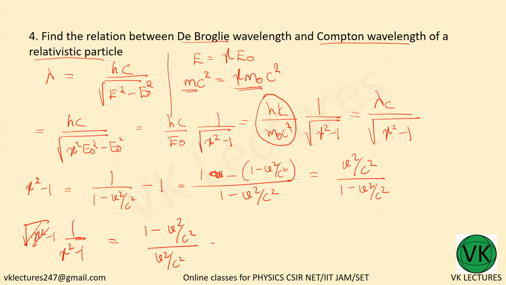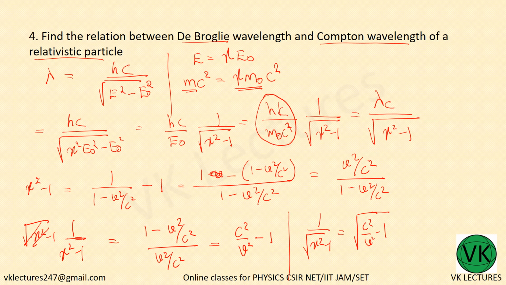Just separate it. This will become c square divided by v square minus 1. So this is 1 divided by gamma square minus 1. So what will be 1 divided by under root gamma square minus 1? That will be equal to under root c square by v square minus 1.